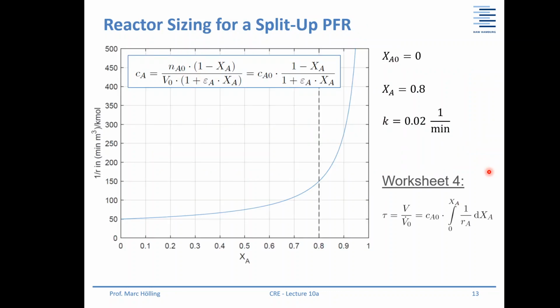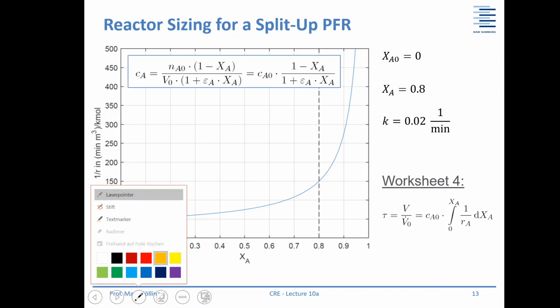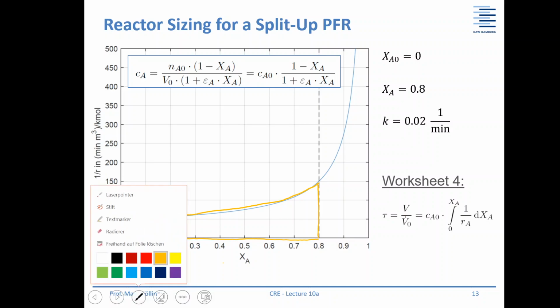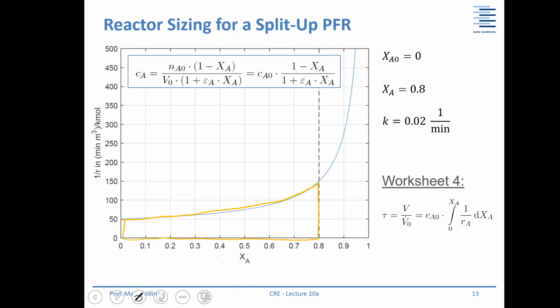Okay, let's have a look at our 1 over Rx diagram. Okay, so we know the whole reactor should look like this. Okay, and now we cut it into 2 pieces, so the volume should be nearly the same. This means maybe it's somewhere like here. And what shall we do now?